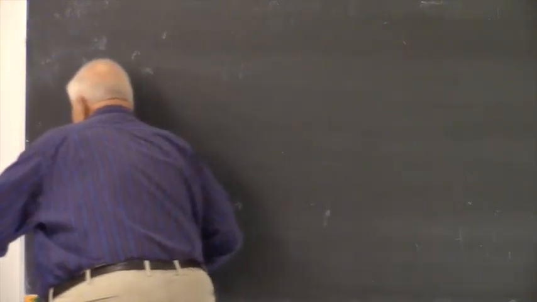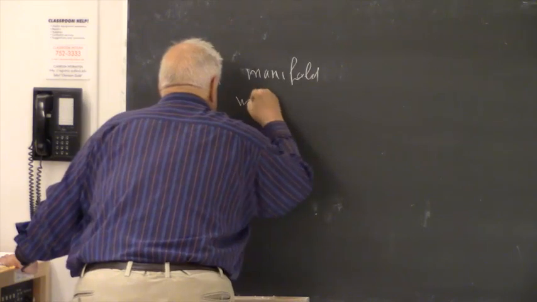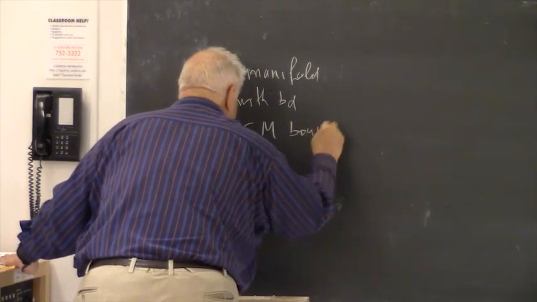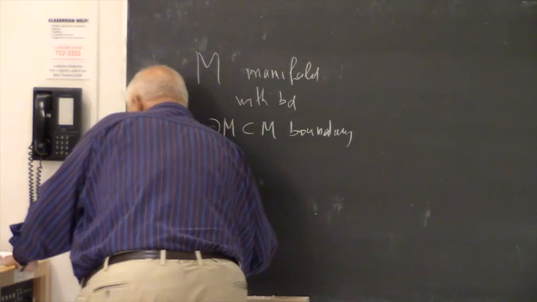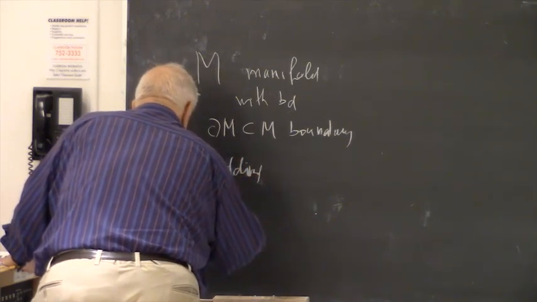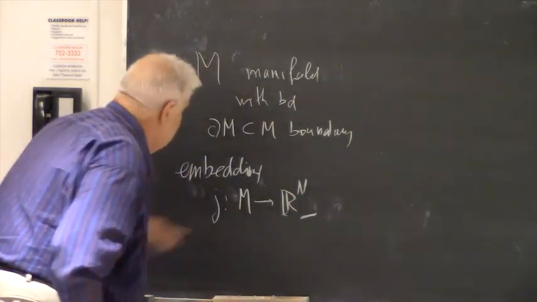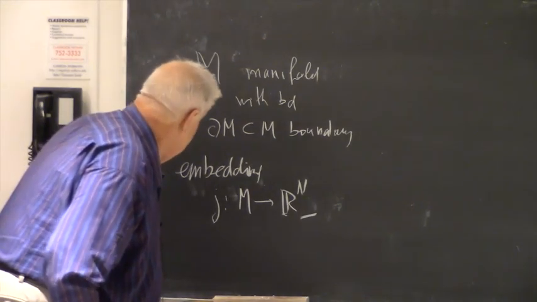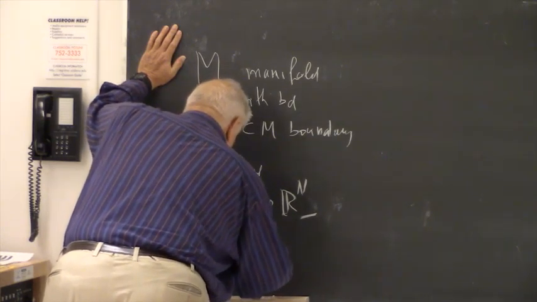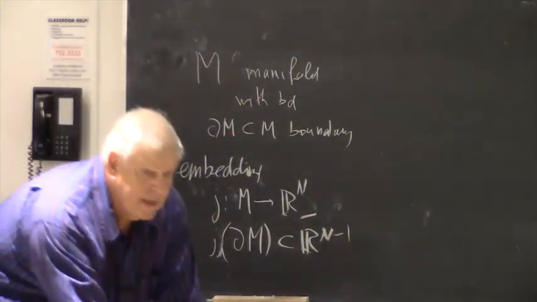So if M is a manifold with boundary, so ∂M is the boundary, then actually we can arrange an embedding J of M into R^n minus, I do not specify the dimension, such that the boundary is embedded in R^(n-1).